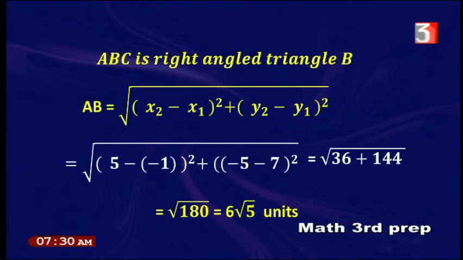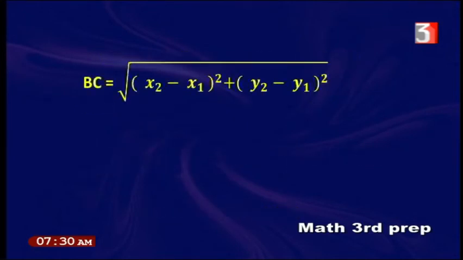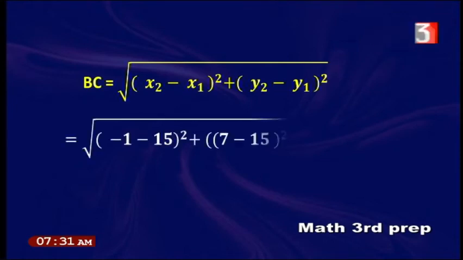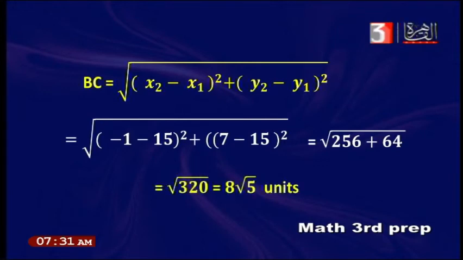Then we are going to try to find the length of BC. BC equals the square root of x2 minus x1 all to the power of 2 plus y2 minus y1 all to the power of 2. By substituting, it is the square root of negative 1 minus 15 all to the power of 2 plus 7 minus 15 all to the power of 2, to obtain a result of square root 256 plus 64 equals root 320, which gives 8 root 5 units.